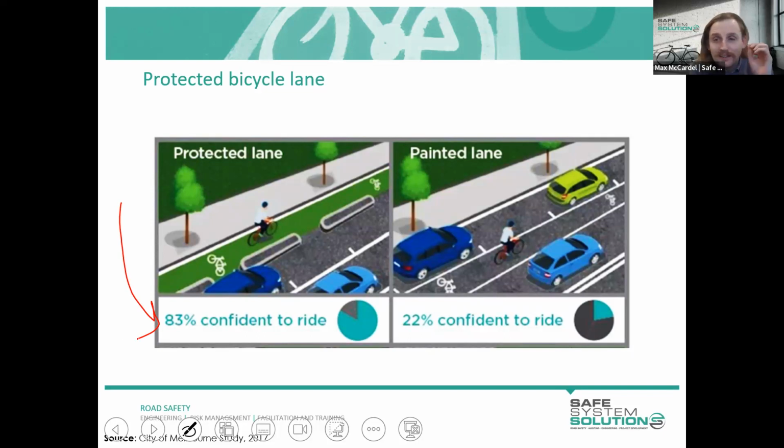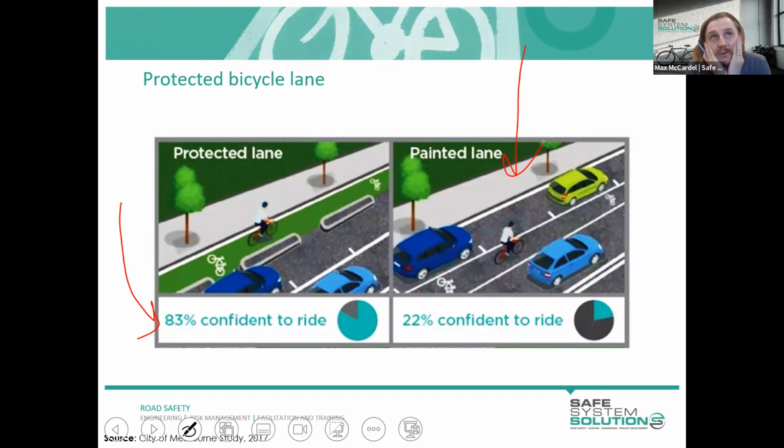In this study, 83% of people said they felt comfortable riding in a protected bicycle lane format. A traditional bicycle lane or painted lane, only 22% felt confident riding within that space.